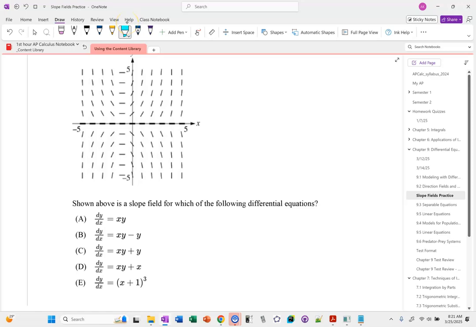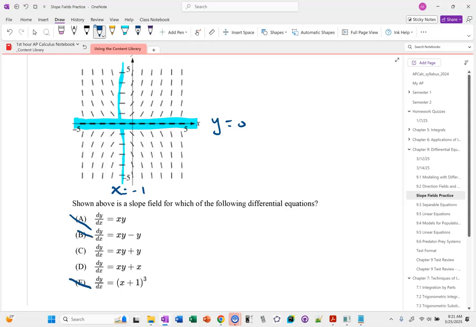All right, looking at this slope field, what equilibrium values do you see? y equals 0, and then x equals -1. Using that, which answers can we eliminate immediately? A, B, and E. Excellent.